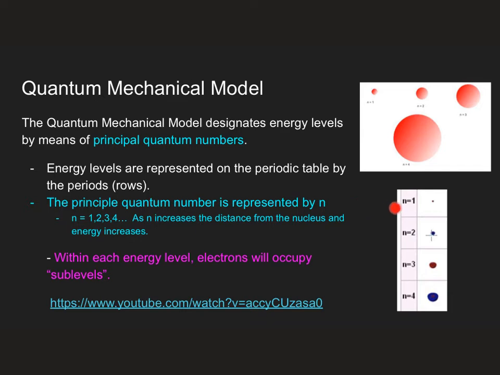We're going to designate those as N1, N2, N3, N4, all the way to N7, because that's how many rows we have on the periodic table. With each energy level, electrons will occupy sub-levels, though. So the energy level is how far out, but depending on where it is, it might be in a different type of suborbital. And we need to learn those.